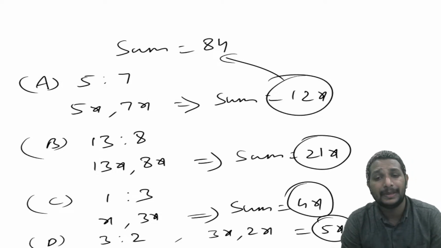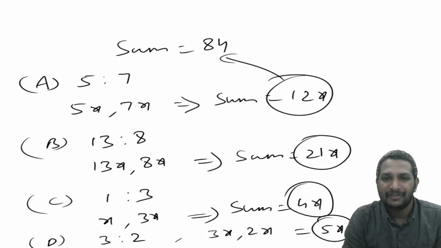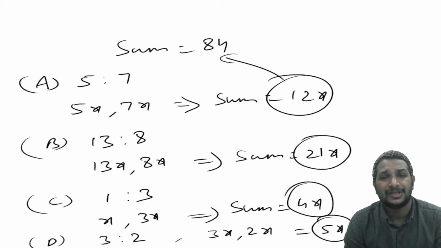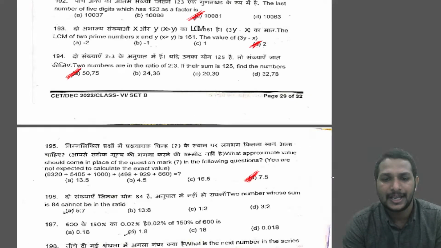It cannot be 3:2 because the sum has to be 84. Whatever sum we get has to divide 84. Options A, B, C divide 84, whereas option D does not. So this question's answer is option D.